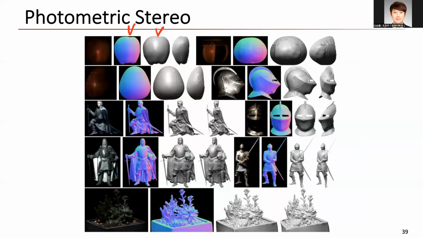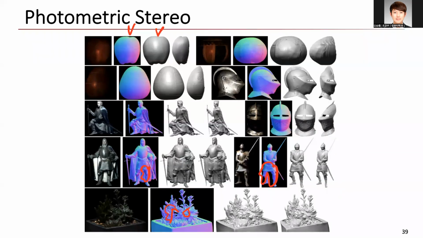It is very well known that, compared to multi-view stereo or two-view stereo, photometric stereo can help find fine-detail 3D information, something like this or this.